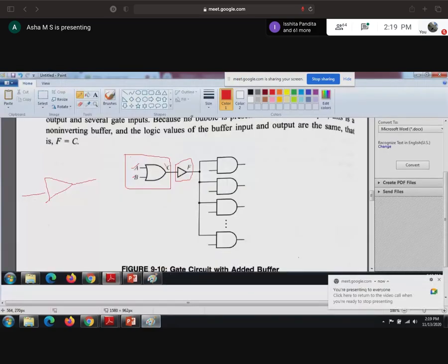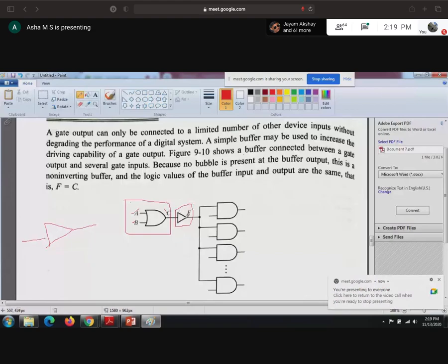Okay. So here the buffer is placed between the logical output and the input of the several gates. So the buffer is connected between the gate output and several gate inputs.